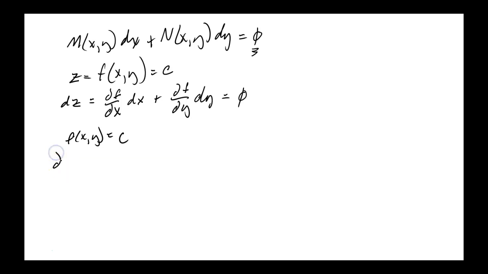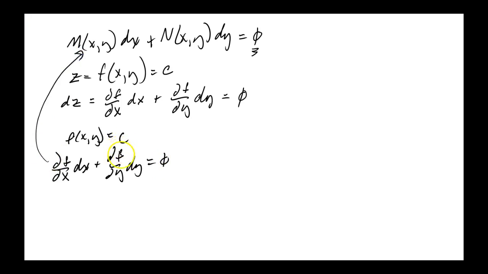The partial of f with respect to x dx plus the partial of f with respect to y dy is equal to 0. If this is that, and this is that, then we have something we can differentiate. That's what we're getting at.